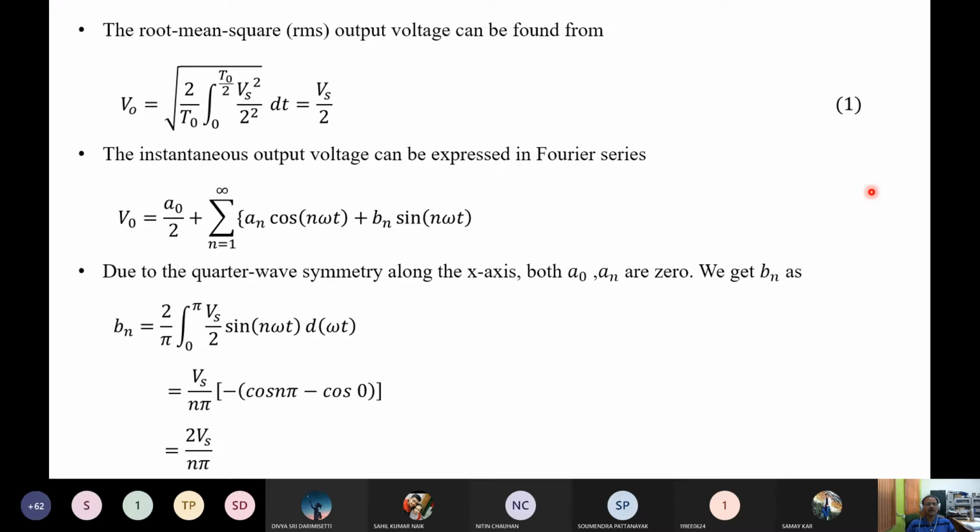Only odd harmonics are present. So only the Bn component will be there, and it will be 2 Vs by n pi.